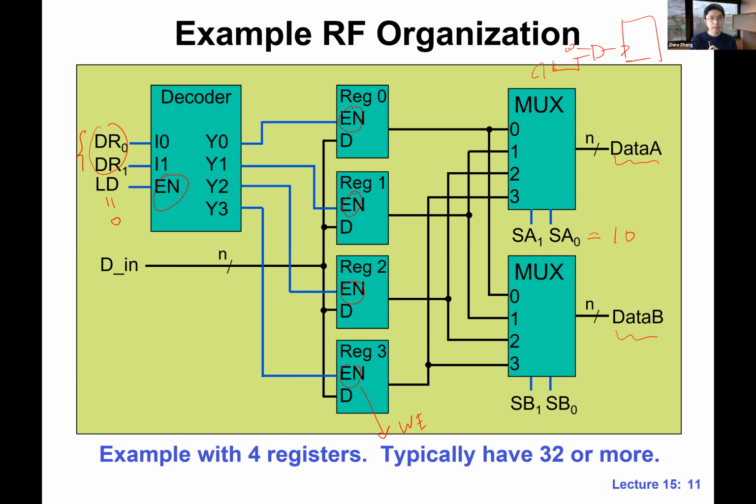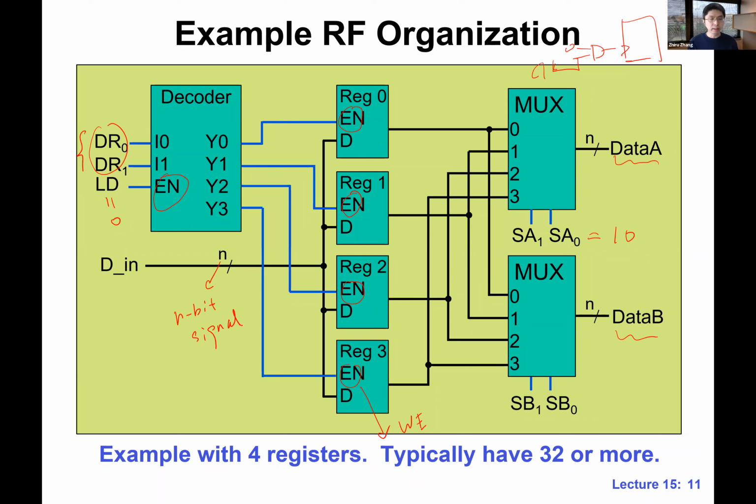All right, any questions so far about this RF register file? Okay. LD is an important signal. Somebody is asking, what do the n's on the line mean? All right, good question. So this is basically an n-bit signal.